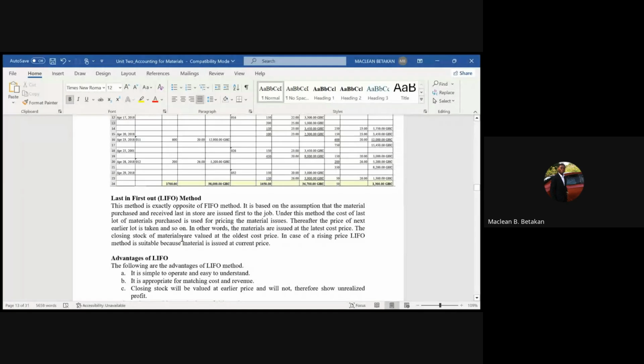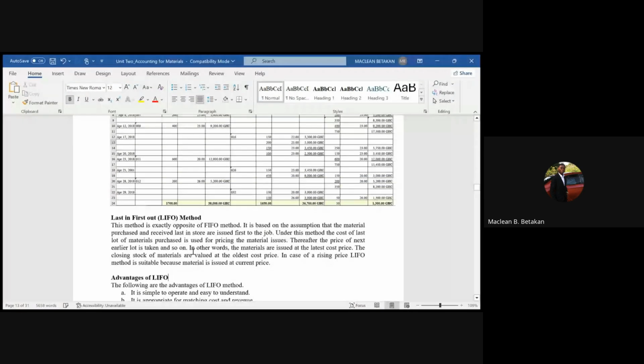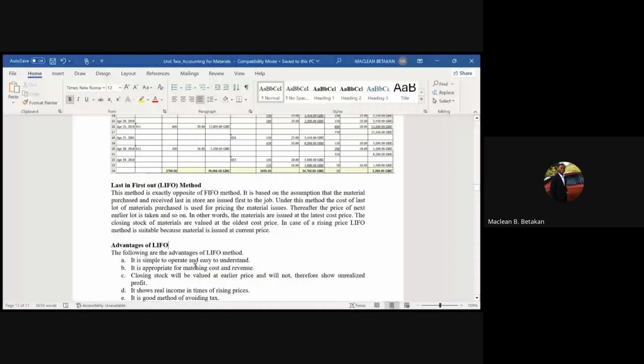But if there is deflation, and you are keeping the FIFO method, you are going to incur the opposite. So I think you can see the screen already, so I don't need to explain.